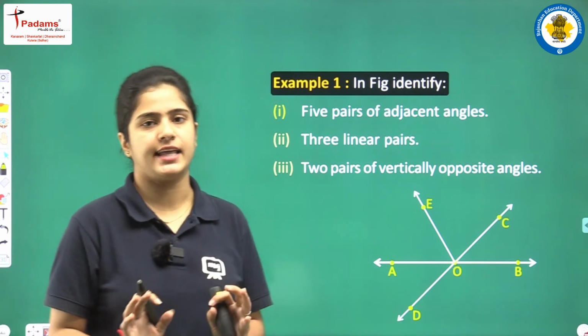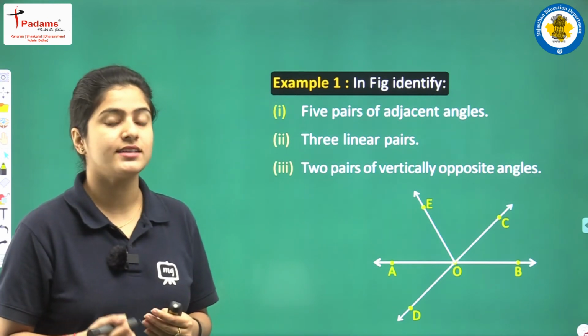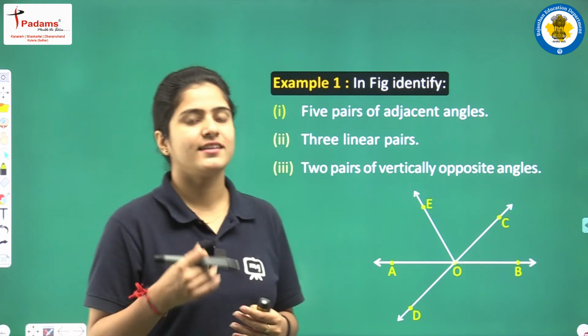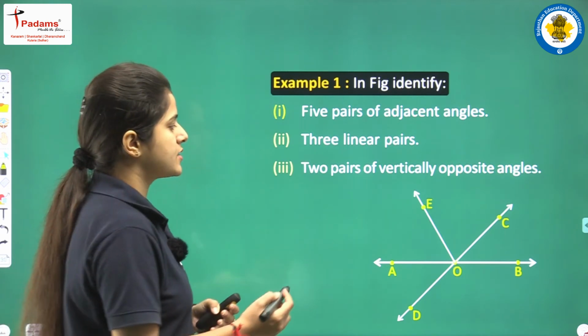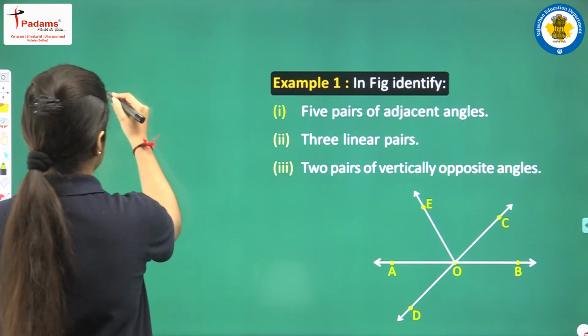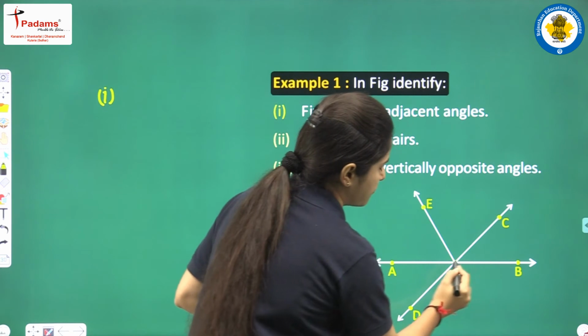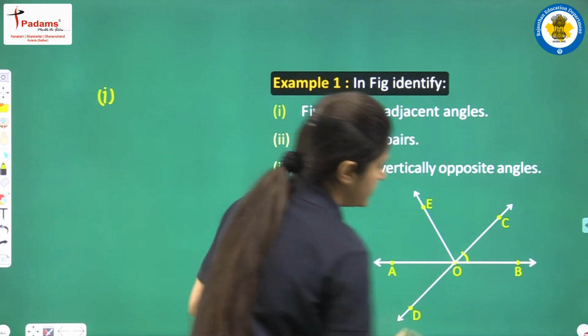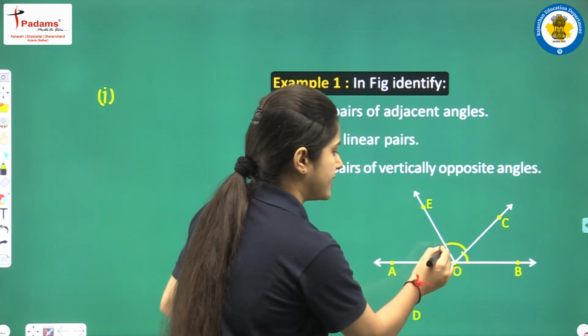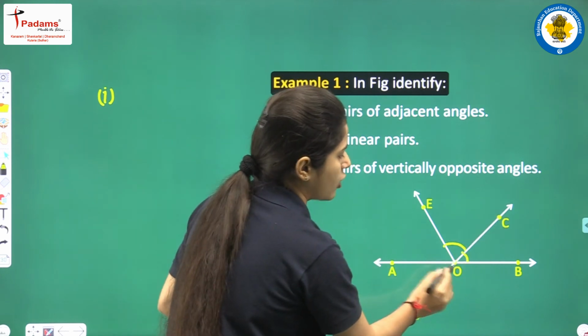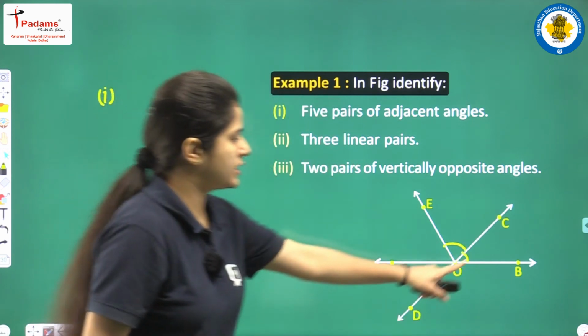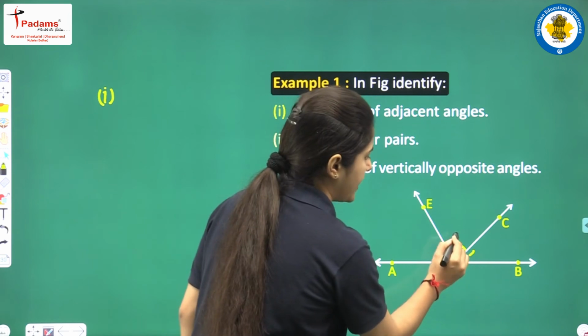Firstly, we will find that thing only. Adjacent angles are the neighboring angles, right? They are next to each other. Okay, students. So, basically, we will be starting from first. Students, have a look. The first angle, this is the first angle. This angle is next to this angle. They have a common arm and a common vertex. Okay, students. So, these two angles, for example, angle 1 and angle 2.